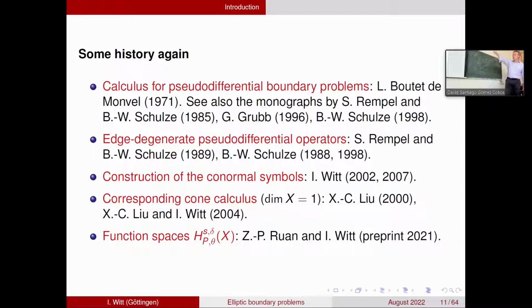So edge-degenerate operators, in the way I'm going to use them, were introduced by Schulze. There was a forerunner by Rempel and Schulze, another monograph, called something like Asymptotics of Solutions to Elliptic Problems.